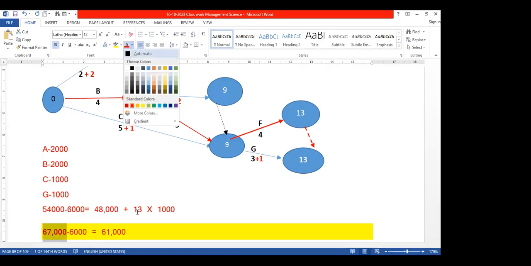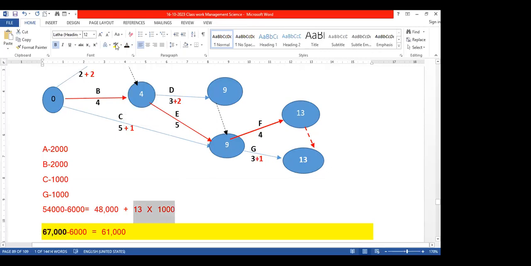You can easily calculate 13 into 1,000, right, plus 54. That is 67. At the same time, we have to carefully think about it.